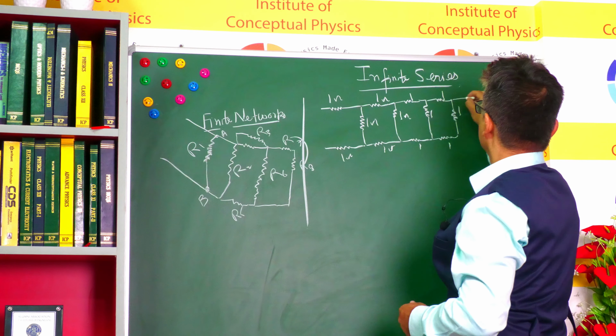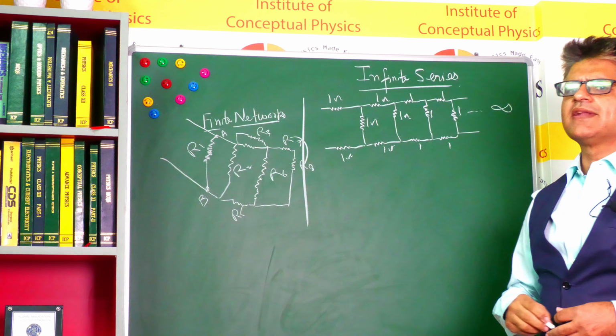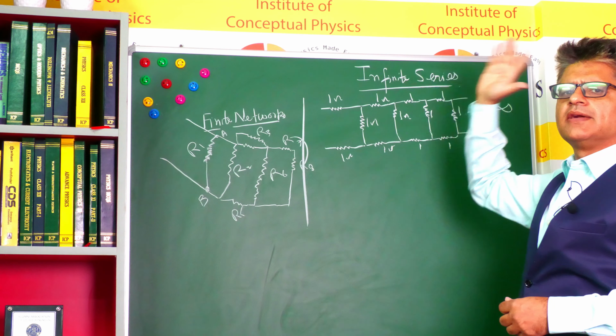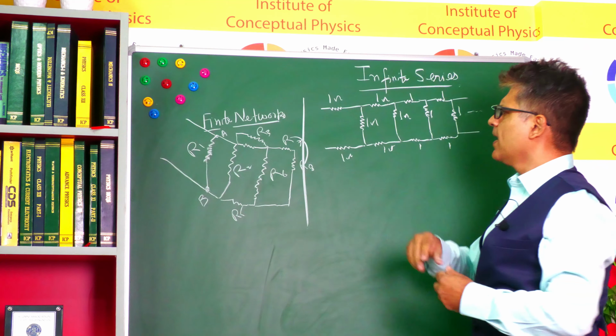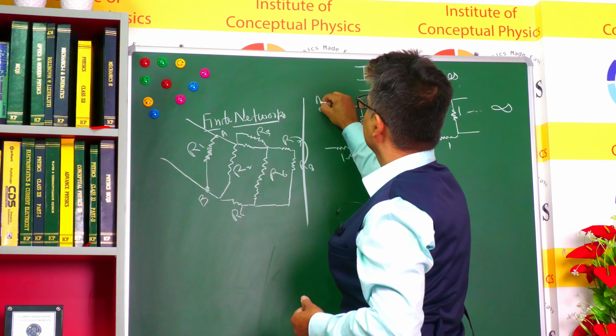Then this continues till infinity, which means it's an infinite network. This network never comes to an end and continues till infinity. And you are supposed to find the resistance between the points A and B.